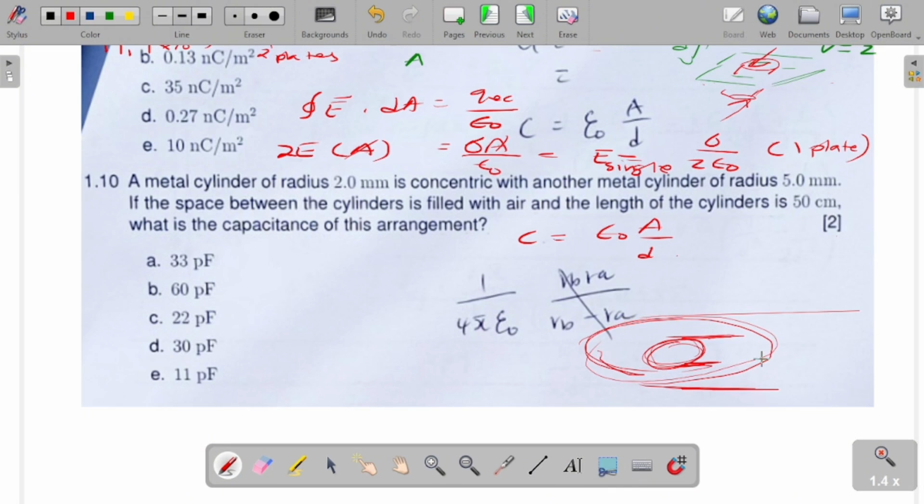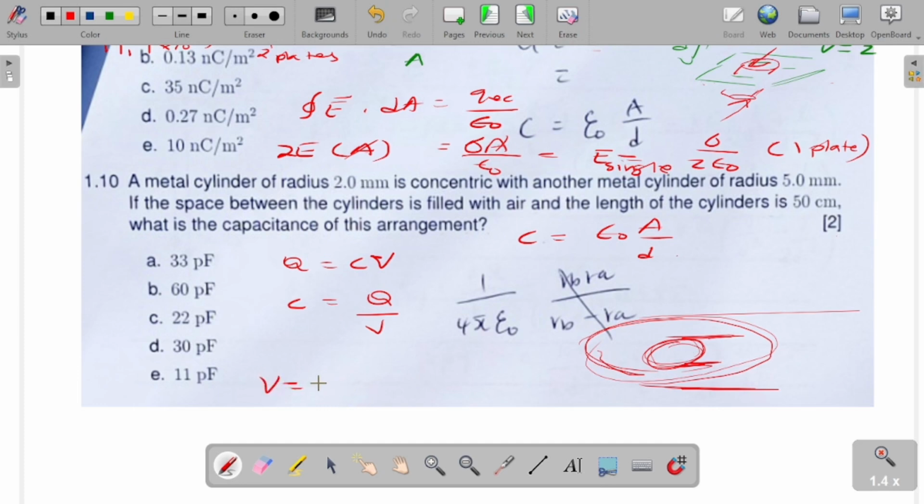But usually when this is derived, it's derived from the formula that says the charge is CV. So to find the capacitance, it's charge over voltage. So we need to find this potential difference first, and then divide the charge by it.